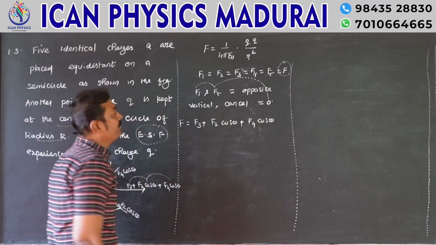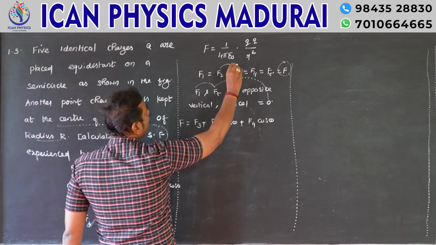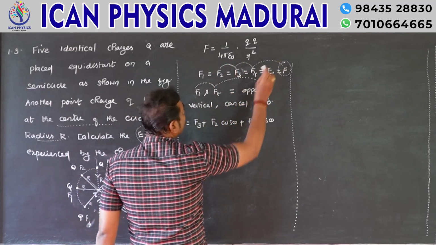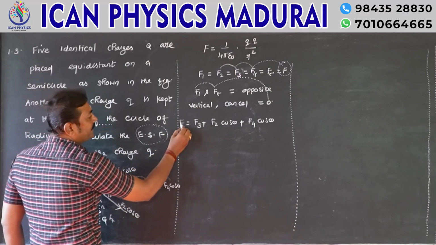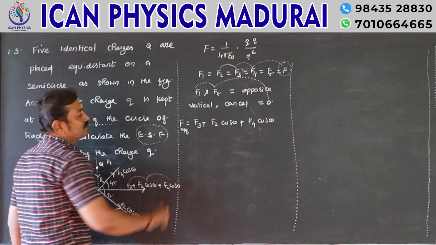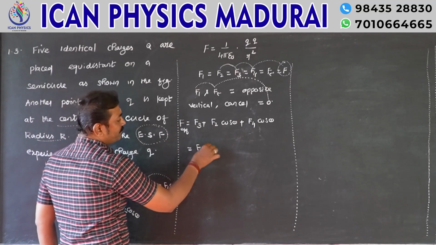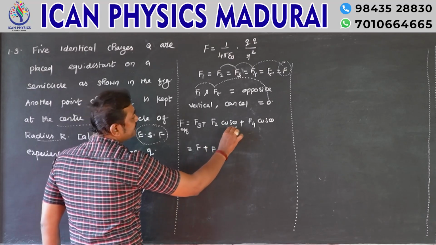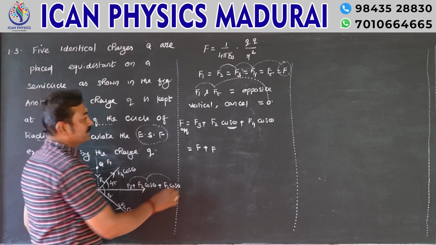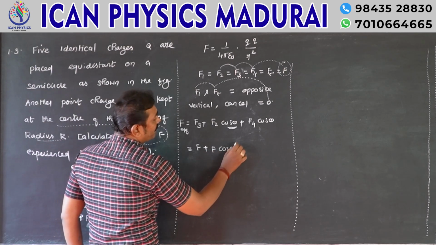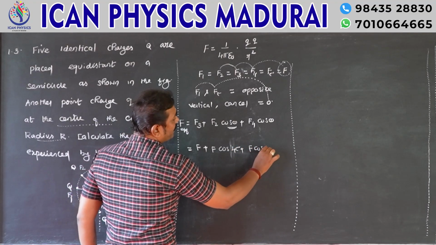So we know very well that F2, F3, F4 are equal to F. To differentiate that, I can say it is the effective force. So F effective equals F plus F cos theta plus F cos theta. What about the angle it made? 45 degrees. So F cos 45 plus F cos 45.